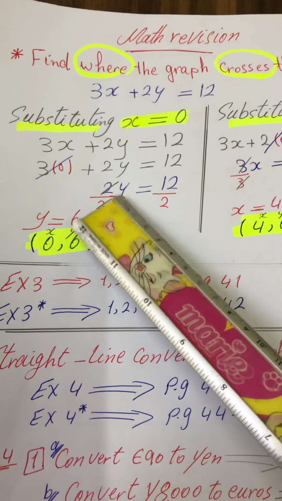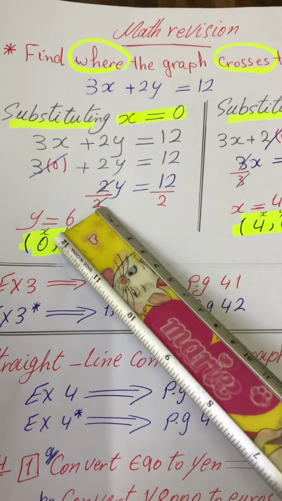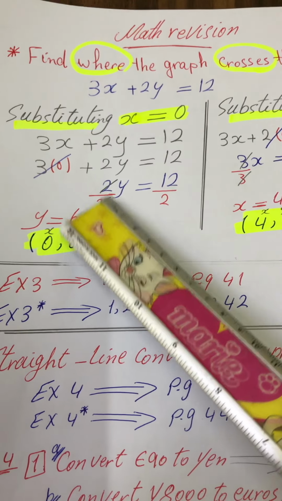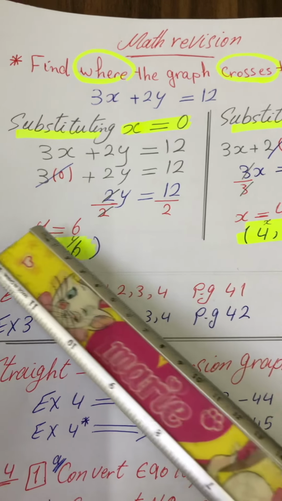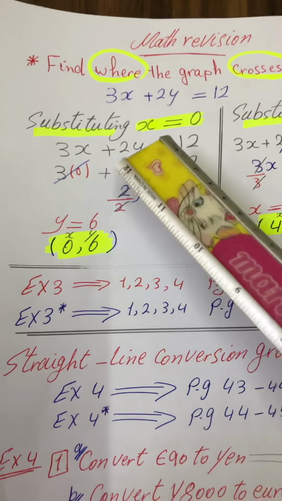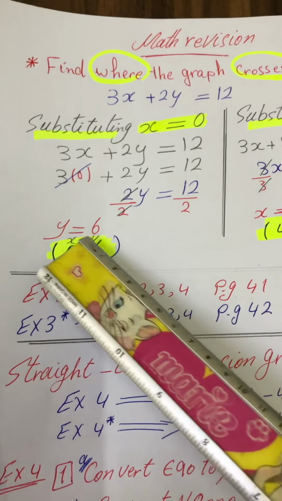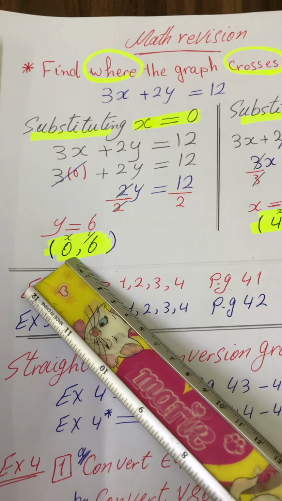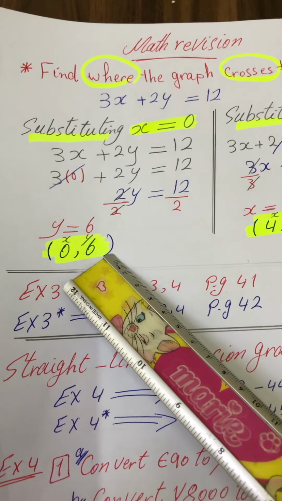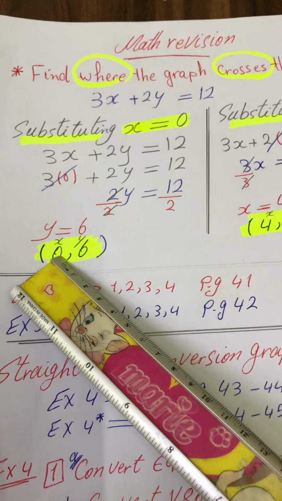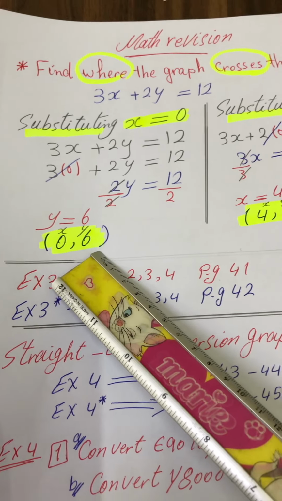I want just one y, so I divide by its coefficient with its sign. Divide by 2 both sides, so y equals 6. Don't forget that you let x equal 0, so y here equals 6. The point is (0, 6), and this ordered pair starts with x and ends with y.